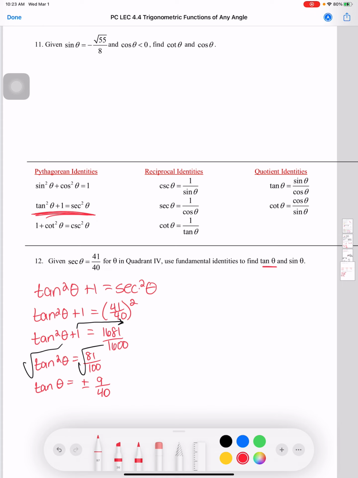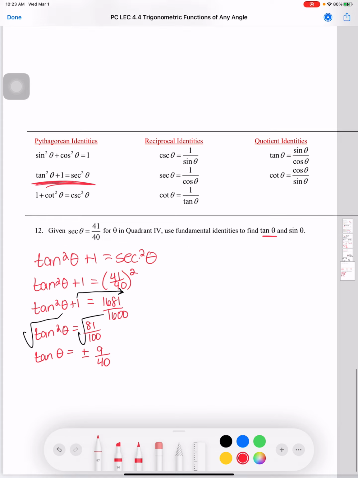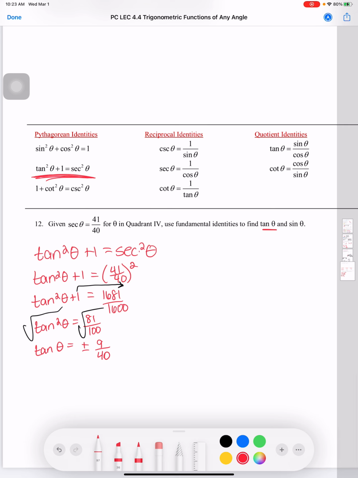As a little reminder, if I were to draw my quadrant planes, the way we said this was all students take calculus. And they want us to find tan in the fourth quadrant.